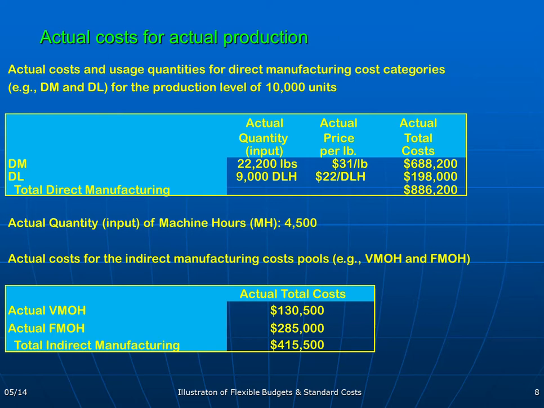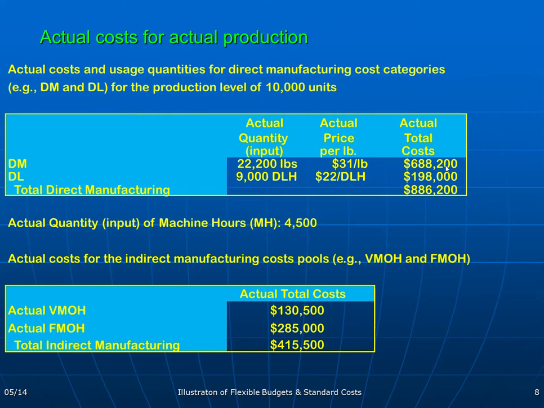So, in terms of flexible budget variances for our different manufacturing inputs, direct material, direct labor, variable manufacturing overhead, fixed manufacturing overhead, we can draw a couple conclusions. Are we going to have a favorable or unfavorable flexible budget variance for direct material? Well, our actual costs are $688,200.